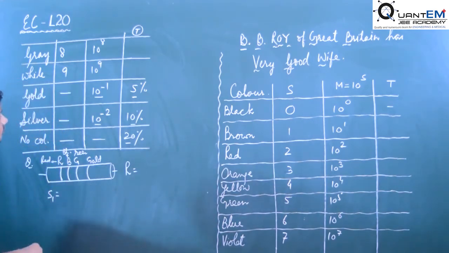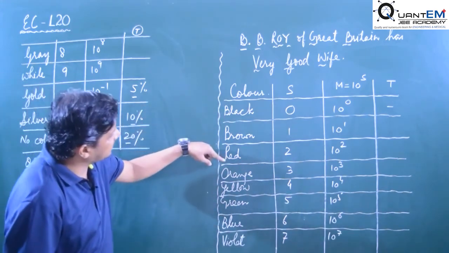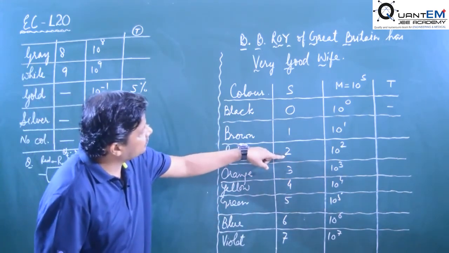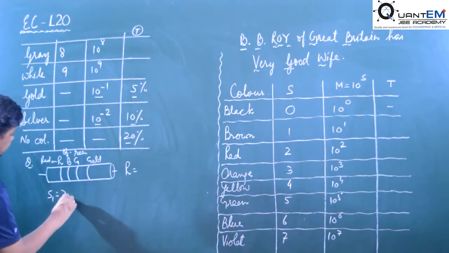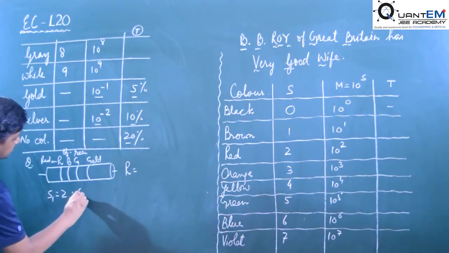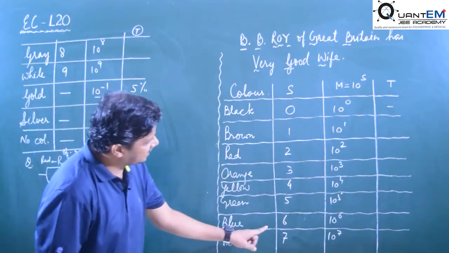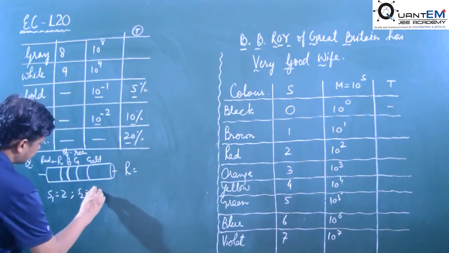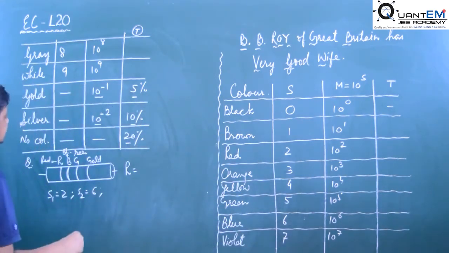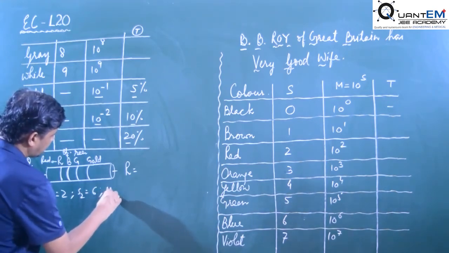So what is the value for first significant? S1, red, that is significant value 2. Okay, now we come to S2. The second line is blue. Blue, see, what is the significant value? It is 6. The third one is green. That is for multiplier.